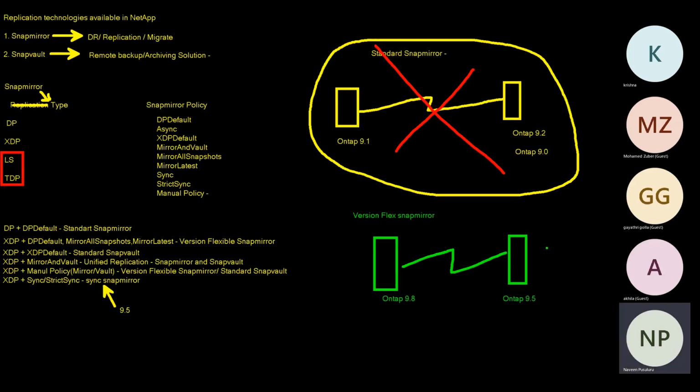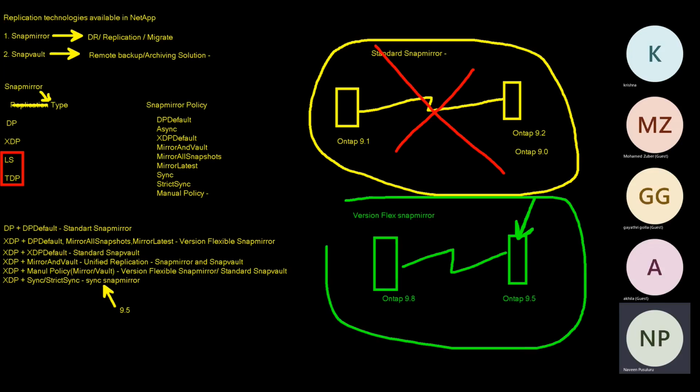The condition that the destination ONTAP must be greater than or equal to source is eliminated in version flexible SnapMirror. That is the only difference between standard and version flexible SnapMirror. Any questions?